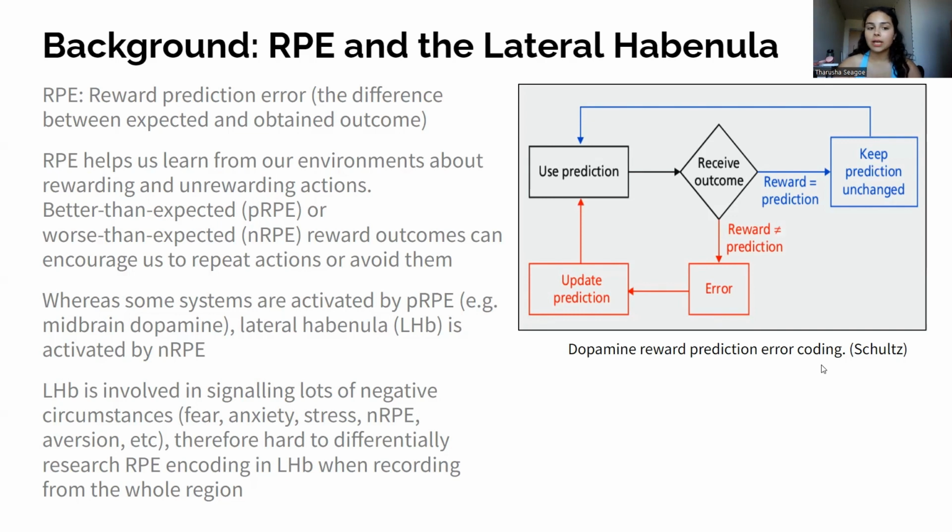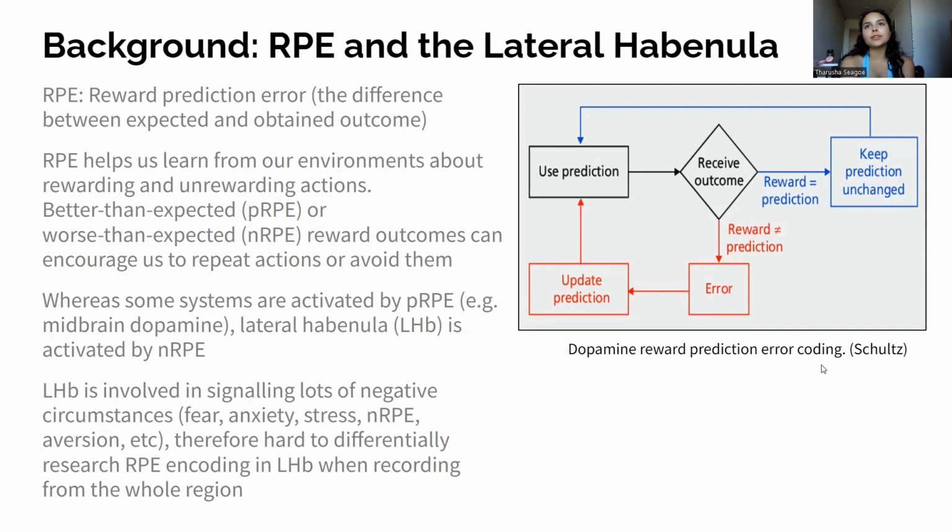But the lateral habenula is a region that is activated specifically by negative reward prediction error. So you'll see an increase in activity, like a pretty transient increase, following a worse than expected outcome. The lateral habenula is involved in a lot of different negative signaling.